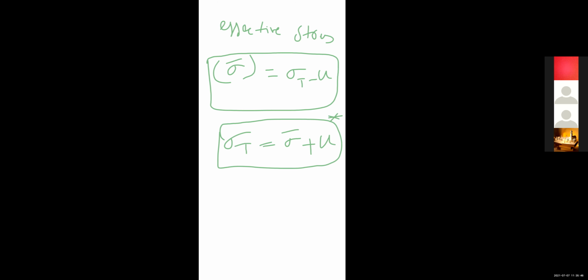Effective stress in soil is the grain to grain contact pressure which soil particles can exhibit, and effective stress is not a physical parameter and cannot be measured. Effective stress cannot be directly measured, but total stress can be measured. We cannot directly measure effective stress. Okay.